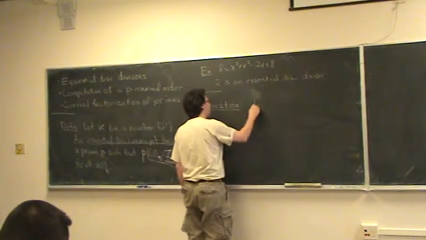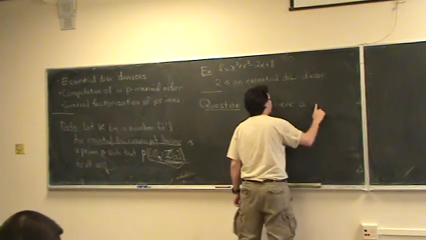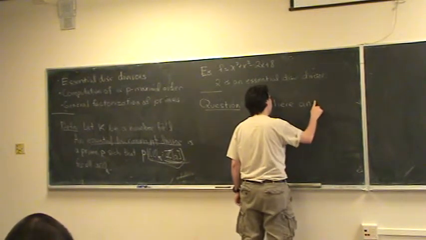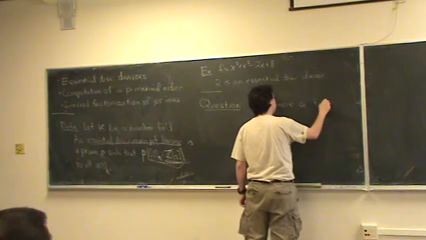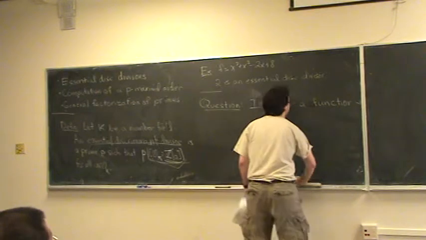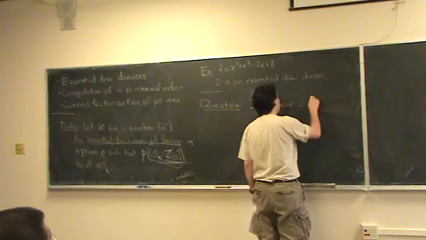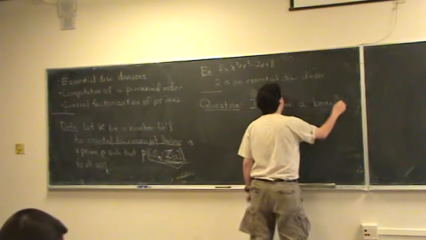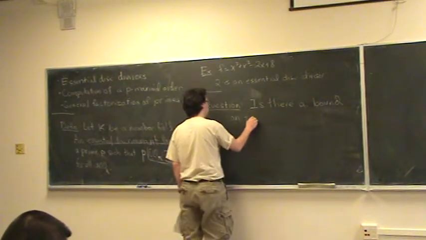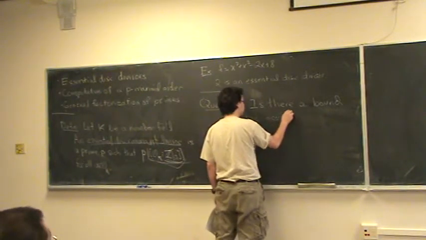Question: is there, say, a function, what is this? I'll make it as plain of language as possible. Is there a bound on the essential discriminant divisors in terms of the degree of the field?